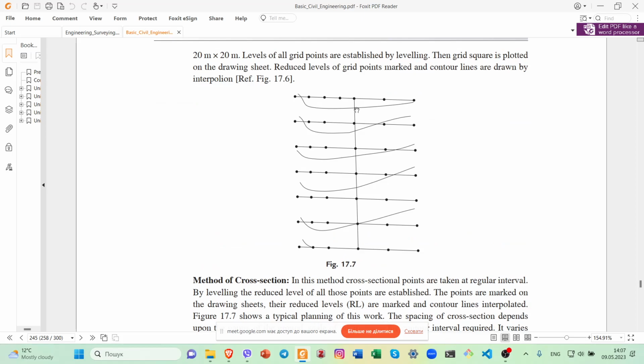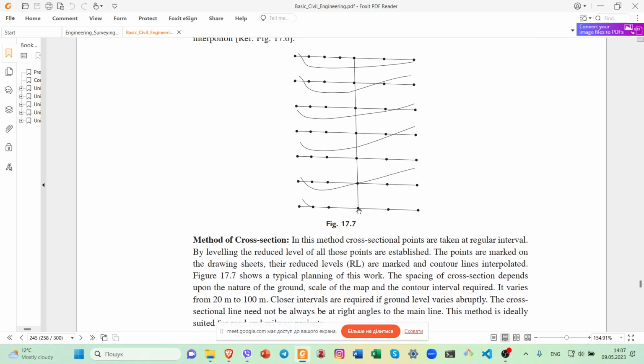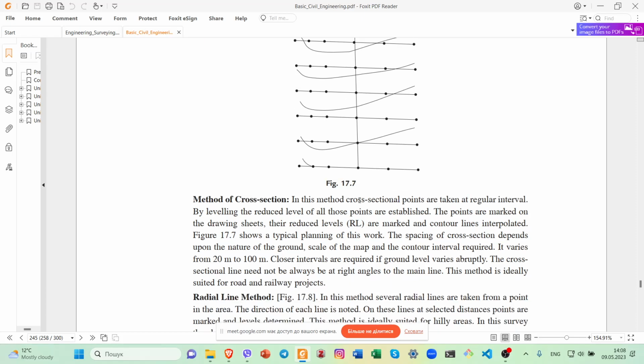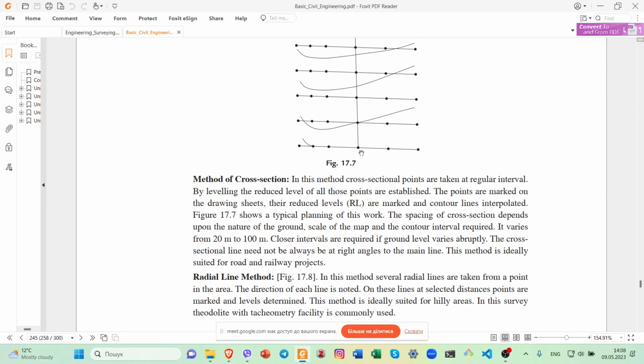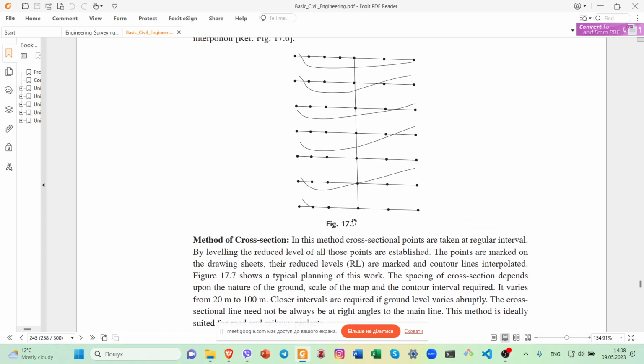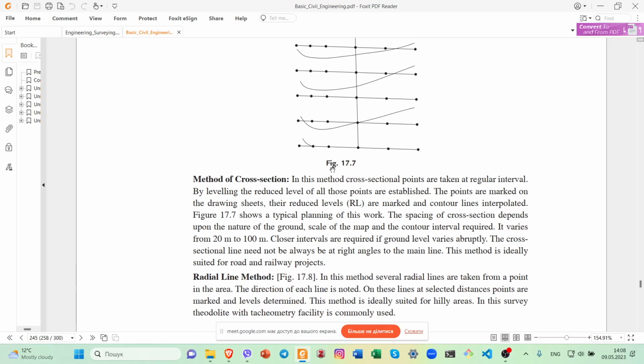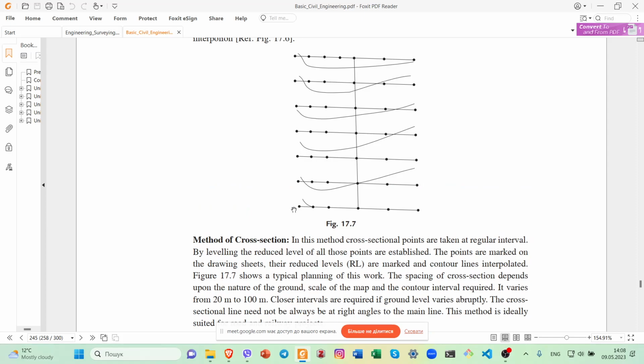Method of cross section. For example, we have a highway, and on the axis of this future highway we put special signs, or so-called pickets, on the ground, and we create a number of cross-sections.